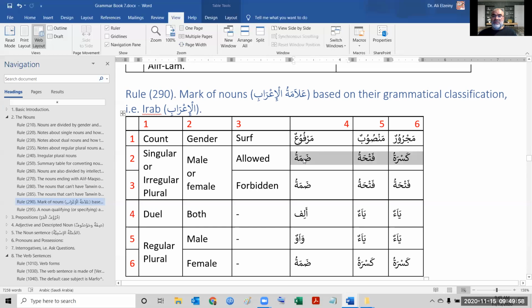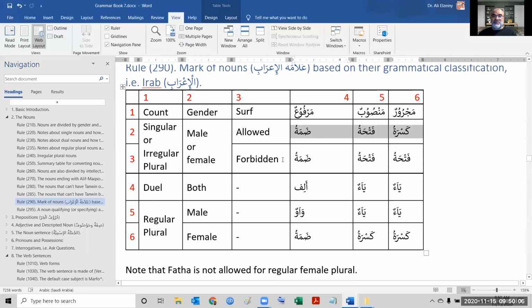But you have the exception, when sarf is forbidden, then it becomes dhamma for marfu', fatha for mansub, fatha for majroor. All right.